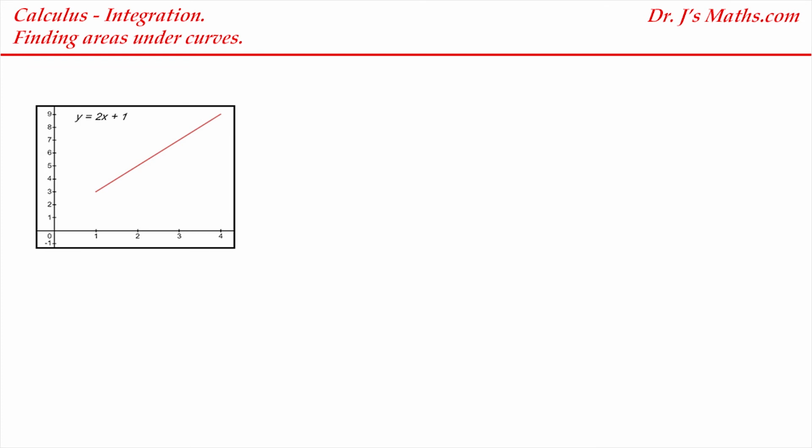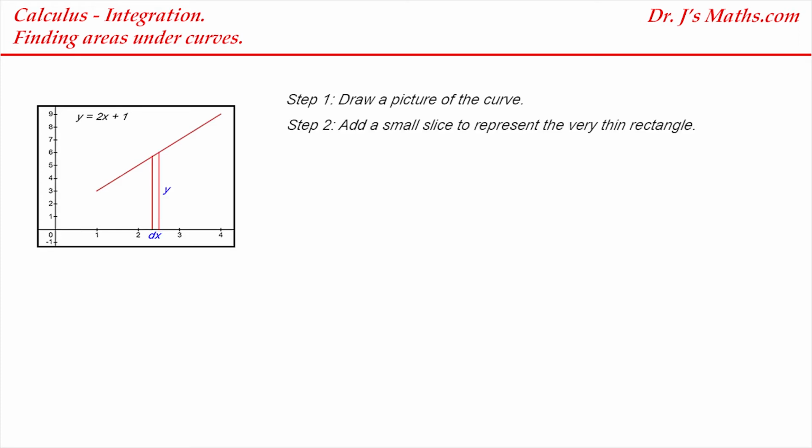Let's work through another example and we'll find the area under the curve y equals 2x plus 1 from x equals 1 to x equals 4. So step 1, we draw a picture of the curve marking the end points. Step 2, we're going to add a small slice to represent the very thin rectangle. Step 3, we write the area statement to show the sum.